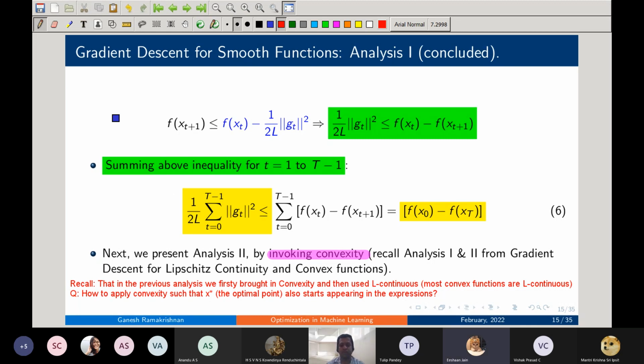In the last analysis, we invoked convexity on f of xt minus f of x star, and that expression had a norm gt square in it. So maybe we can go along that way. Yes, that's exactly what we'll do. So the analysis we'll actually get from the previous one.